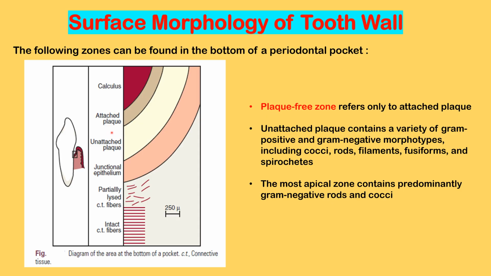This is also known as the plaque-free zone, and it covers calculus and extends apically from it. The third zone is the zone of unattached plaque that surrounds the attached plaque and extends apically to it. Next comes the zone of attachment of junctional epithelium to the tooth surface. The last zone is the zone of semi-destroyed connective tissue fibers. In this, we can see partially lysed connective tissue fibers and intact connective tissue fibers.